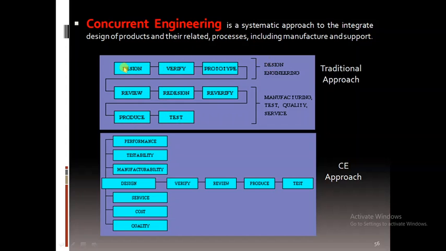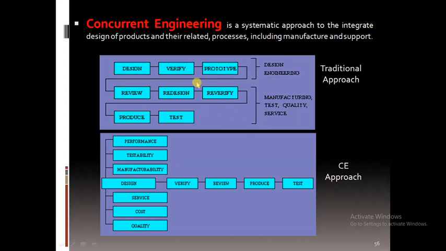These first three activities, the design of the product, verification, analysis, and prototype, are the responsibility of design engineering. And after design engineering, the review, redesign, verify, produce, and test are related to manufacturing, test, and quality services.